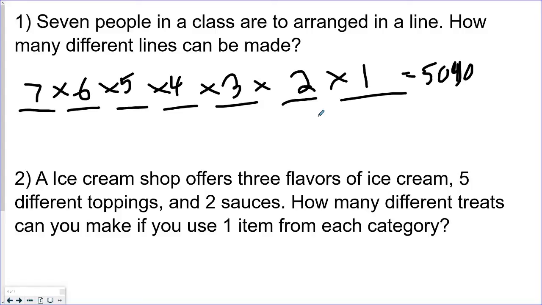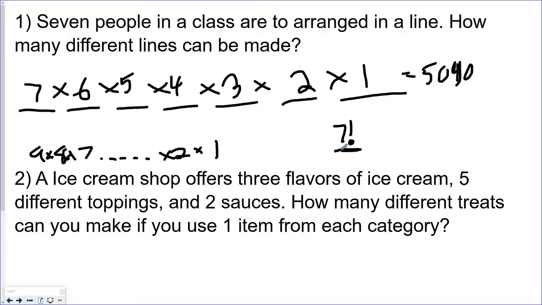Now, by the way, when you have this sort of case where you multiply from one number all the way down to 1, so 7, 6, 5, 4, 3, 2, 1, or if you multiplied all the way down from 9 or 10 or 5, that's called a factorial. So this right here, the 7 part, could be written as 7 factorial with an exclamation mark.